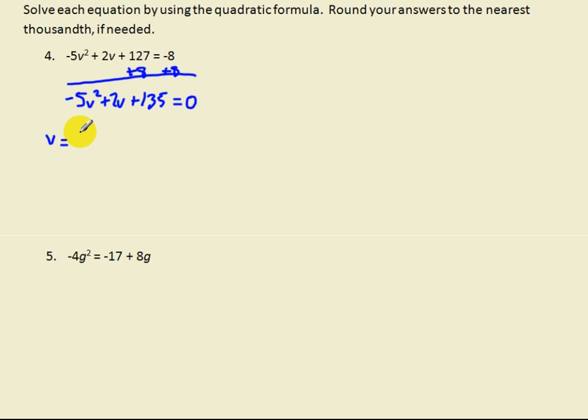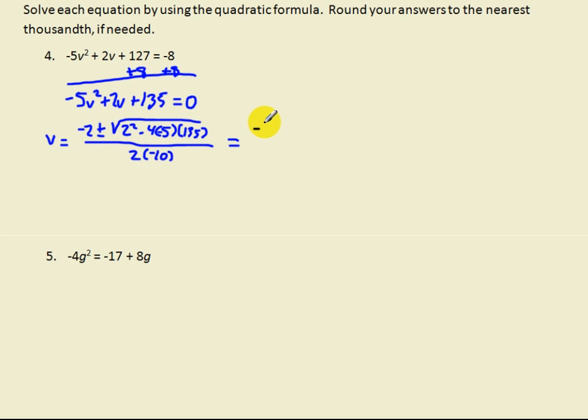So v is equal to negative 2 plus or minus the square root of 2 squared minus 4 times negative 5 times 135. So we're going to be subtracting a negative, or in other words, adding a positive.